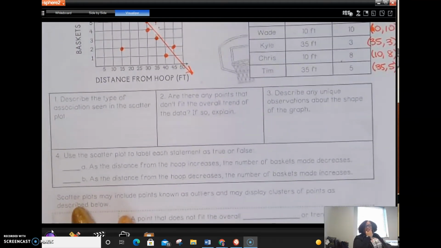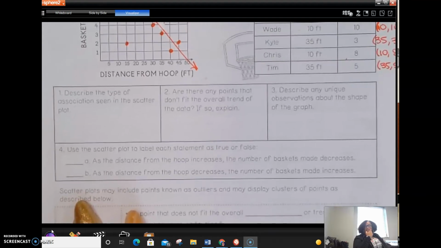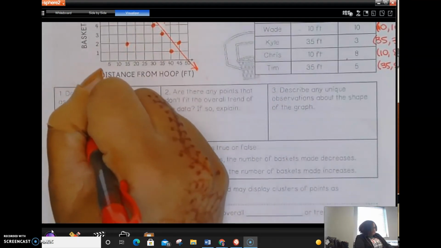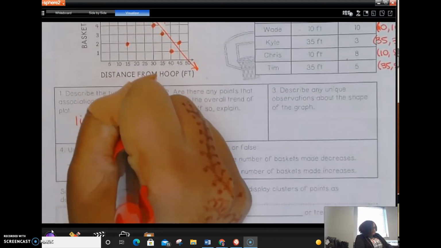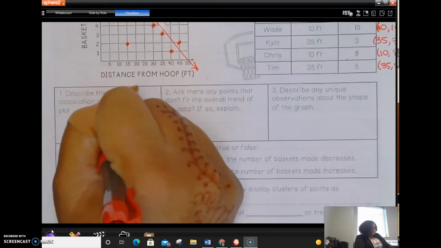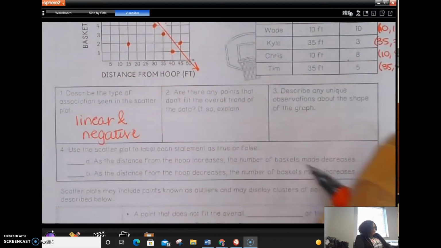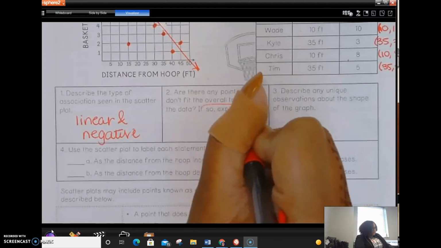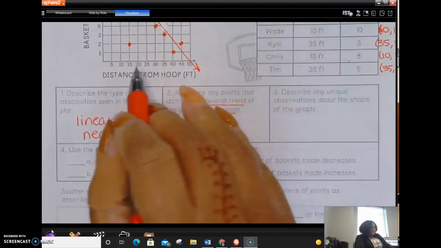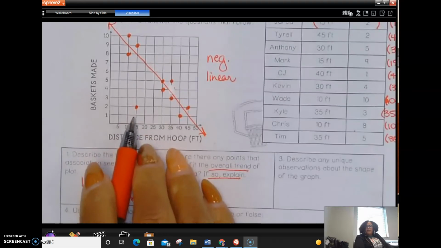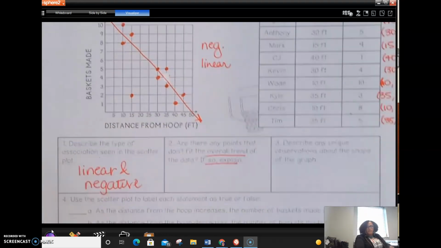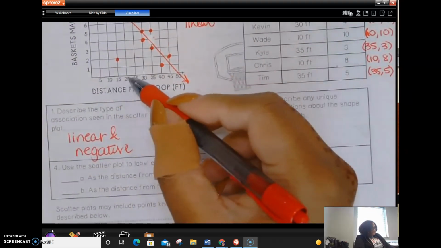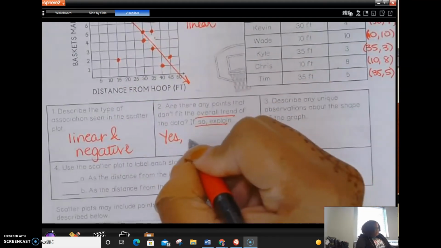All right, so number 1 says, describe the type of association seen in the scatter plot. So this is linear and negative. Number 2: are there any points that don't fit the overall trend of the data? If so, explain. There's this one little guy kind of laying out here by himself. Yes. The 15 foot and 2 baskets made.